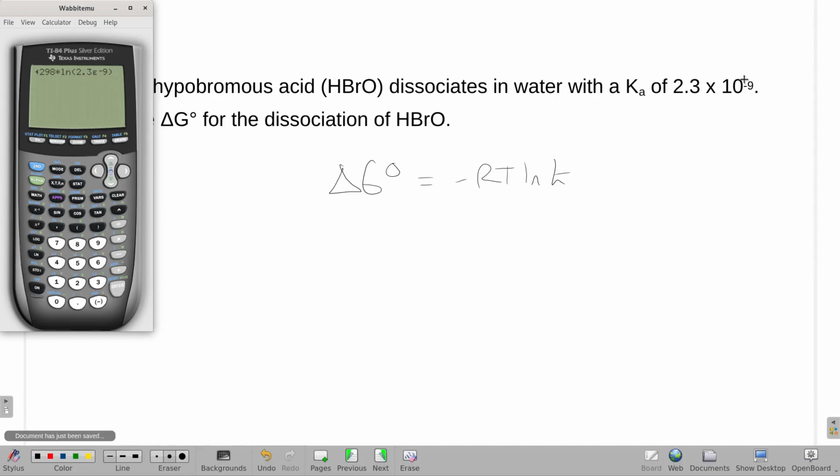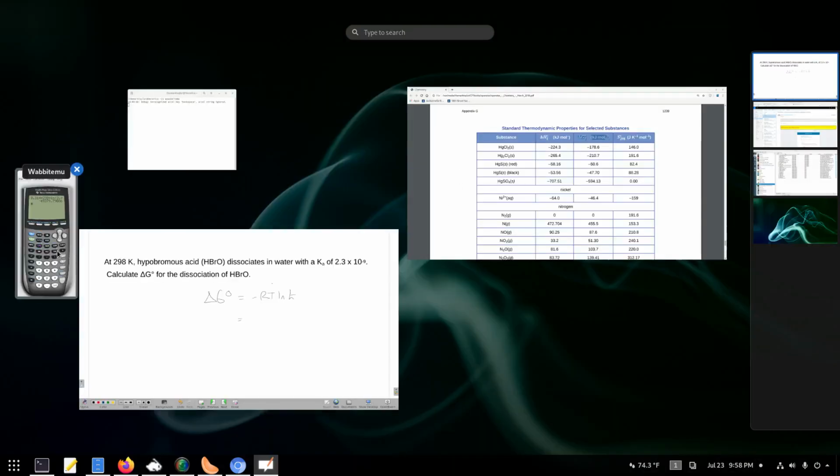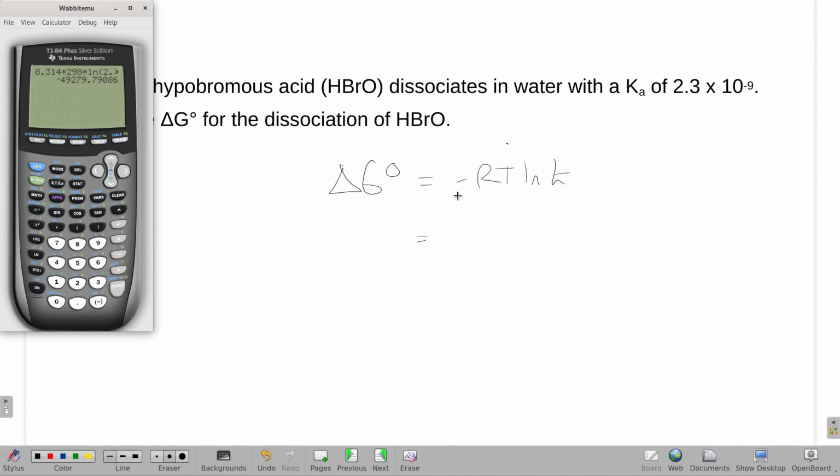Think about how that reaction says this favors reactants, right? Because that's a very small K. Favoring reactants gives us a positive delta G. Remember this negative here? I didn't put that in my calculator. So this delta G naught is positive 49.3.